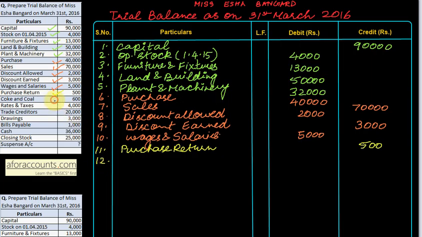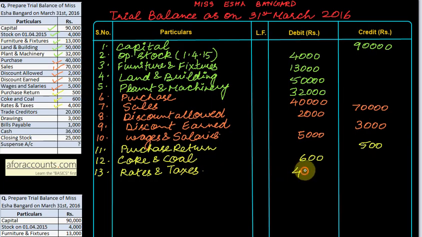Coke and coal, my expense, debit, 600. Rates and taxes, again my expense, so debit, 4,000.